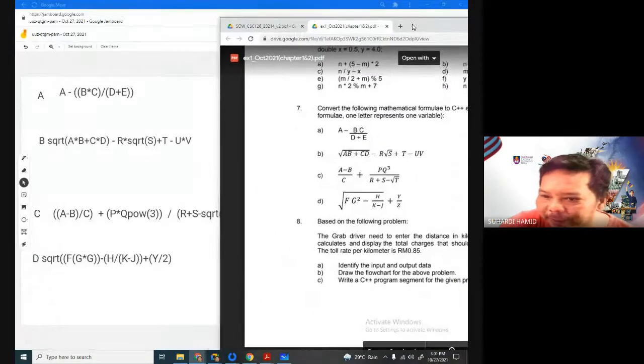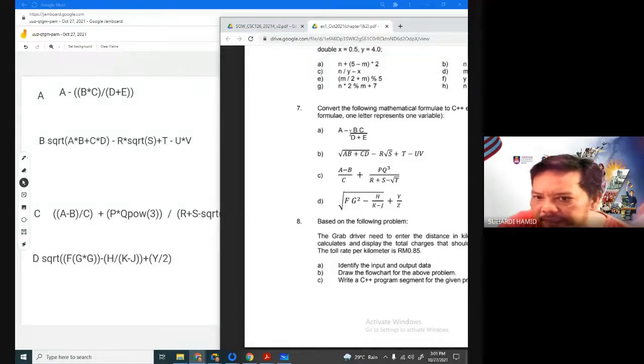For question A, that's A minus bracket B multiplied by C divided by D plus E in bracket as well. So this is correct.